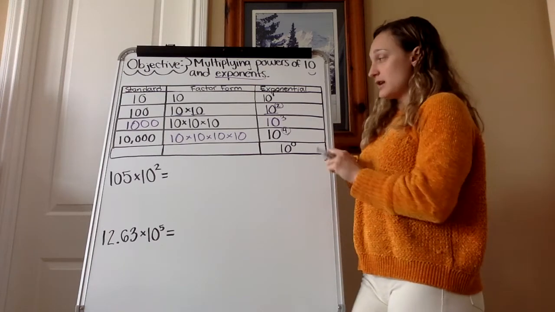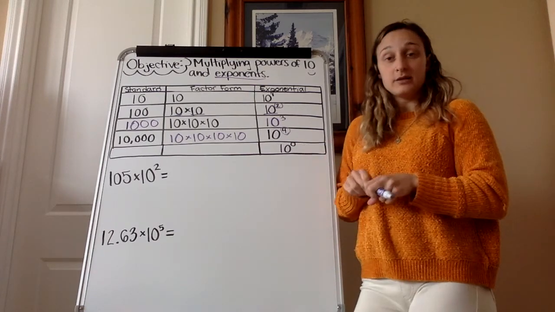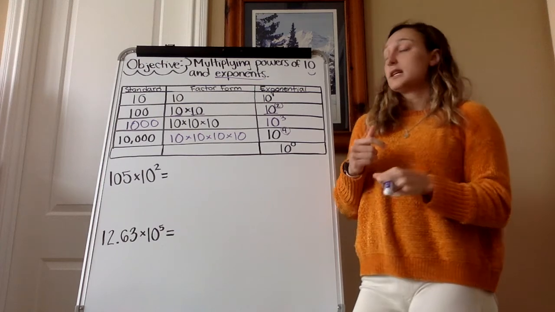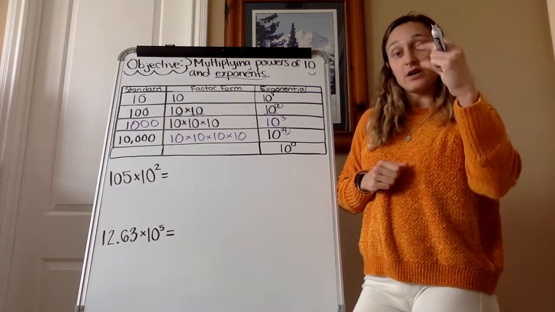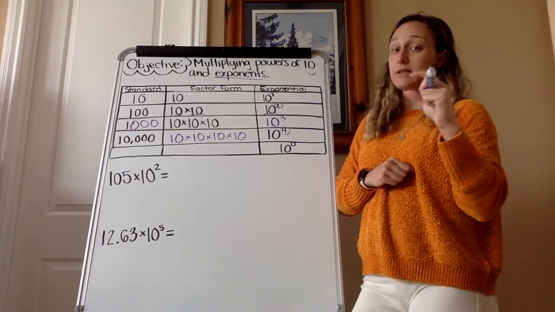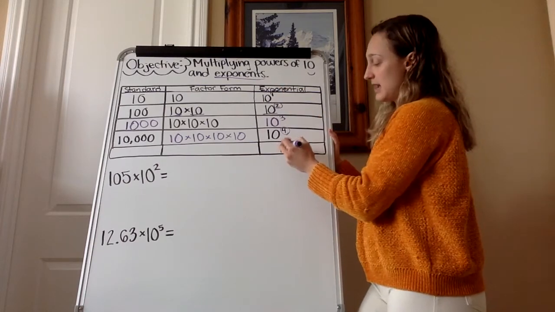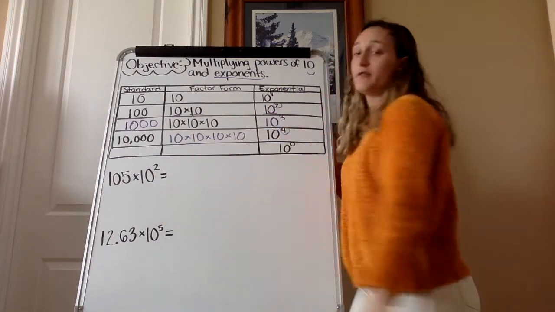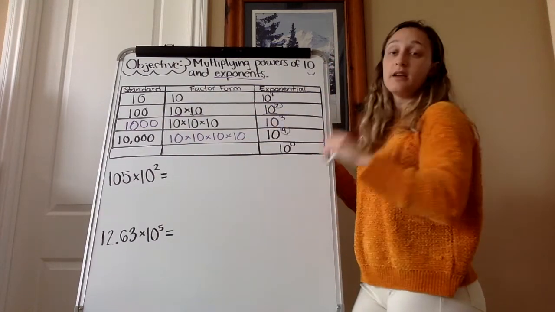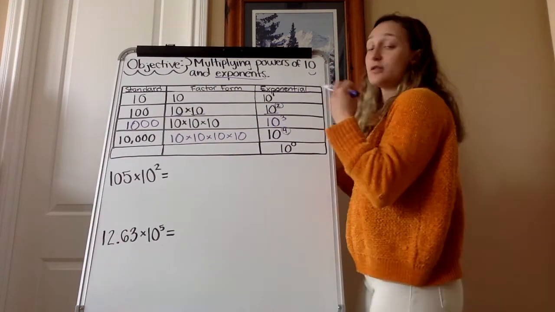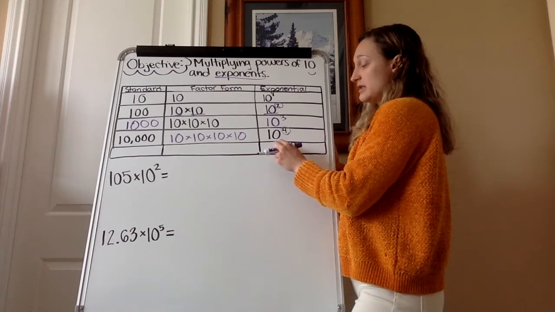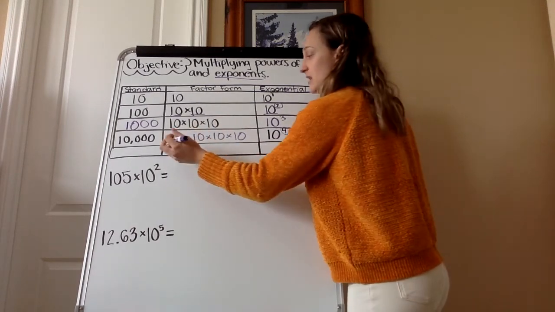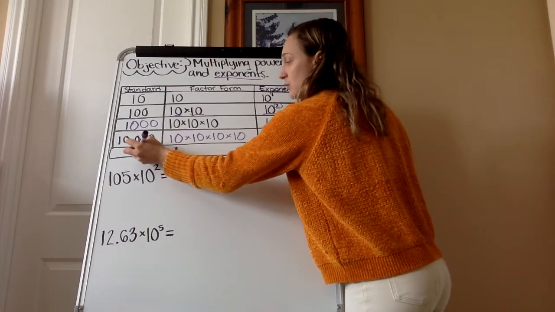Now, you don't have 10 to the 0 power on your sheet, but I want you to add it at the very bottom. There's a small space where I want you to write 10 to the 0 power. Okay, this one doesn't necessarily follow the rules of these, and that's why it's not on your chart. So I'm just going to tell you 10 to the 0 power is the same thing as 1.